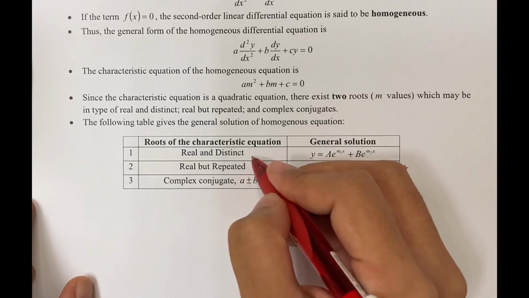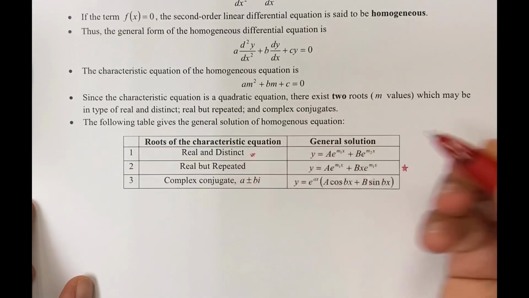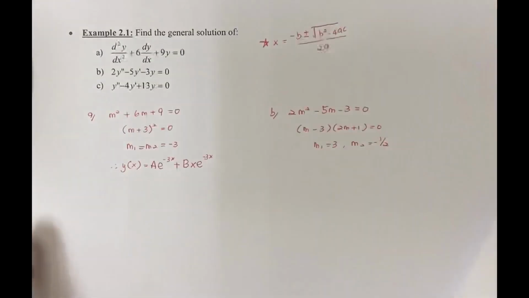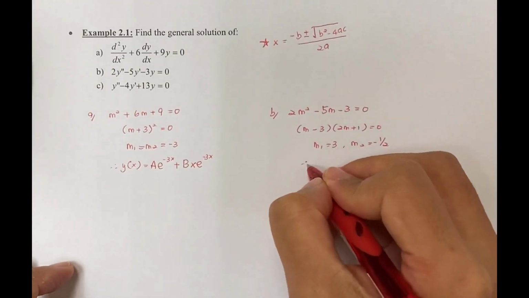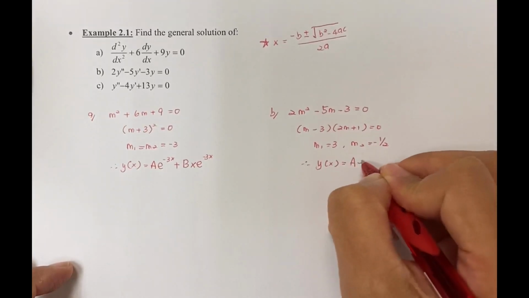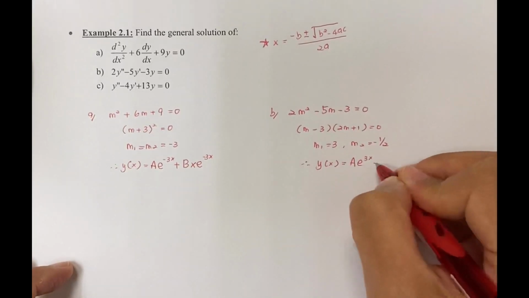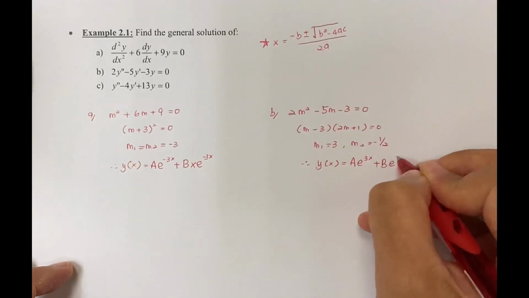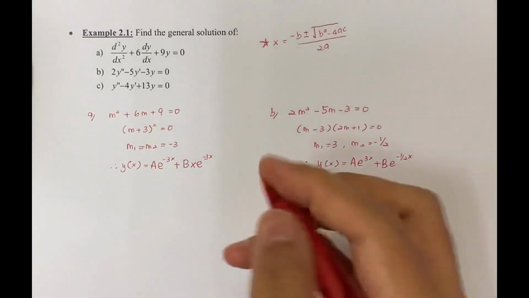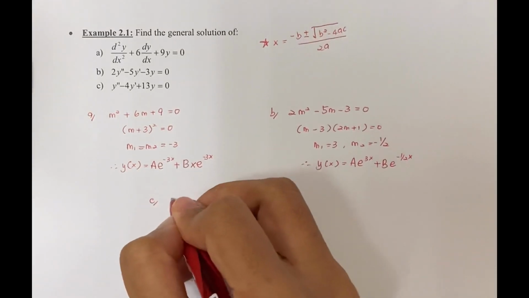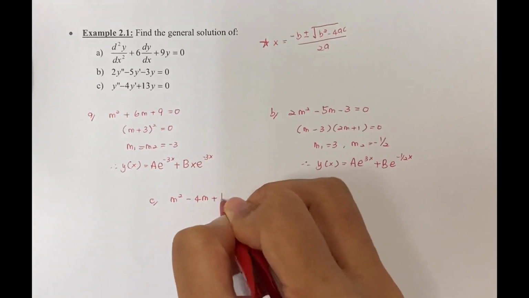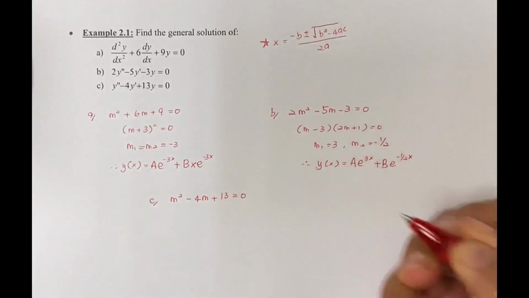We have real and distinct roots, m1 and m2. So for the general solution, we have y(x) equal to a e to the power 3x plus b e to the power negative half x.